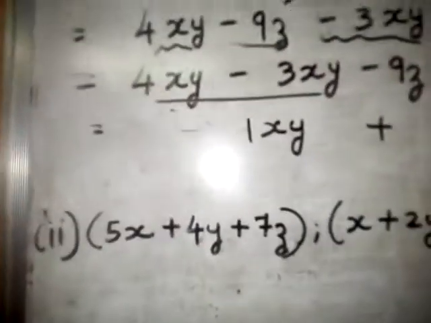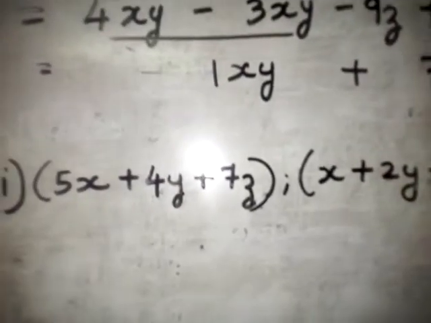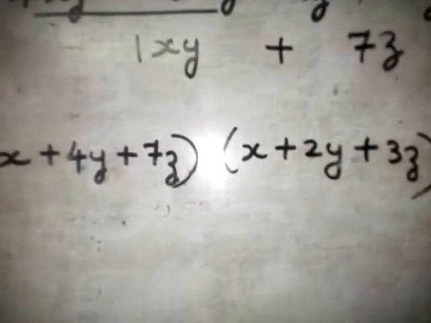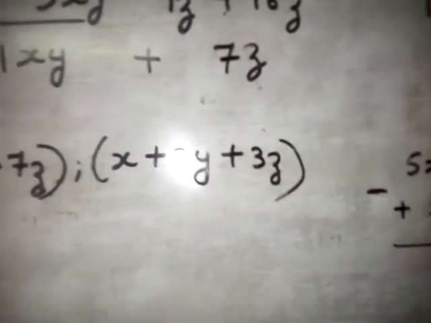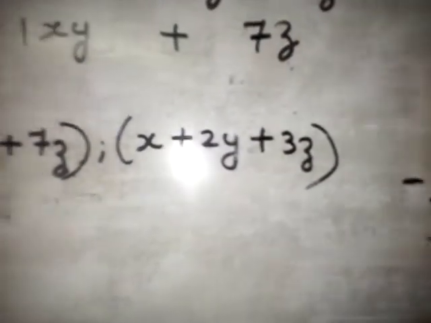Now look at the second one. 5x plus 4y plus 7z, comma, x plus 2y plus 3z.